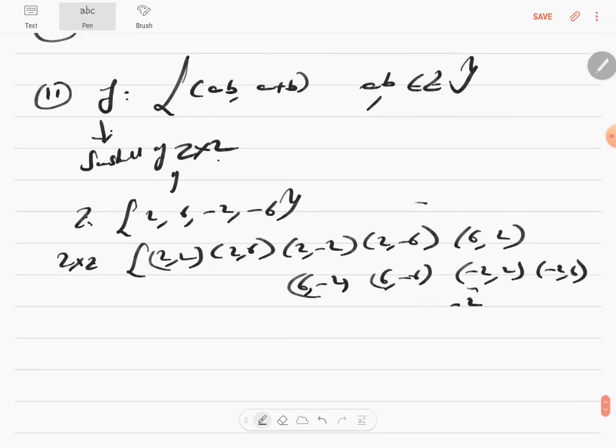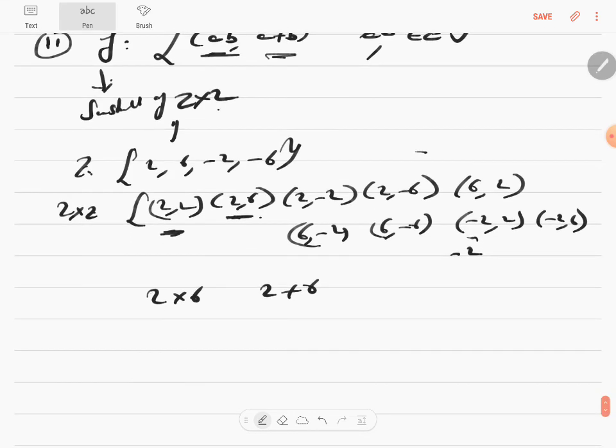Correct? Let's say he's taking 2 elements from this, which are 2 into 6 and 2 plus 6. Let's take this 2 into 6 as A and B, and 2 plus 6.